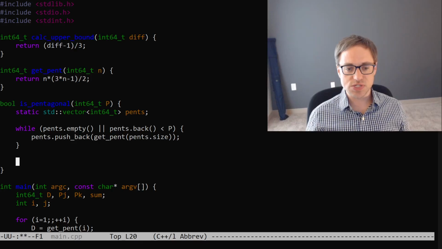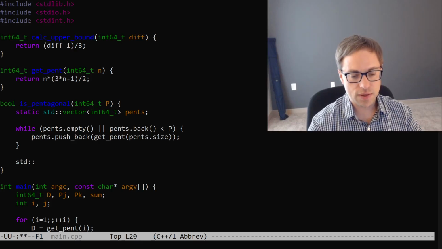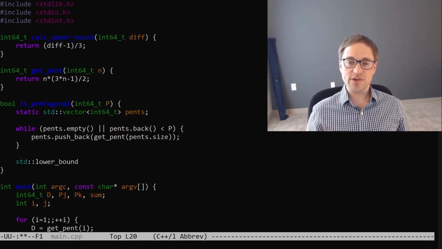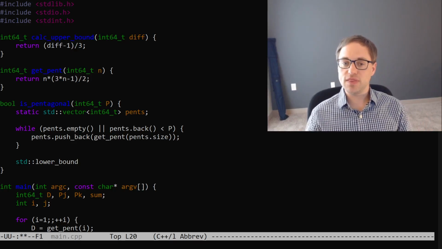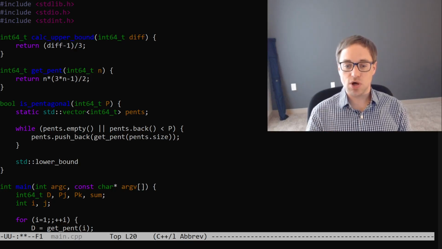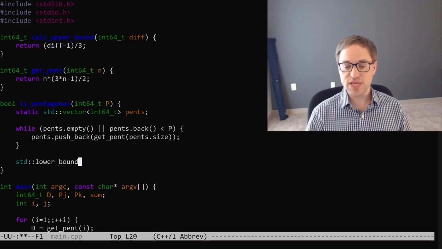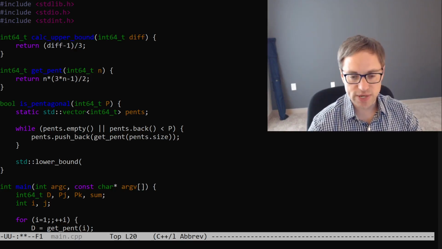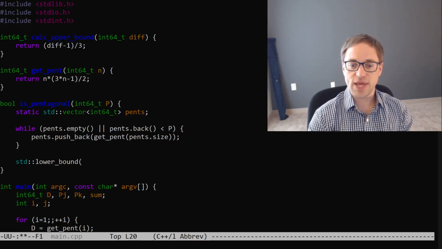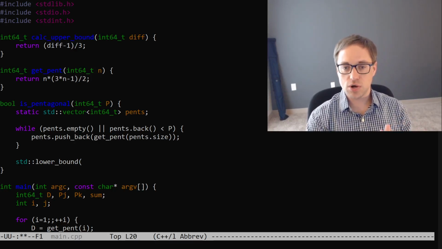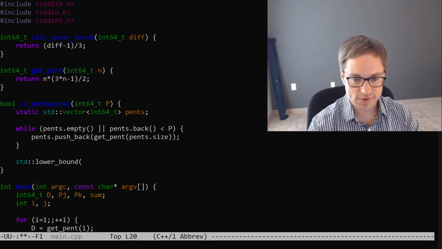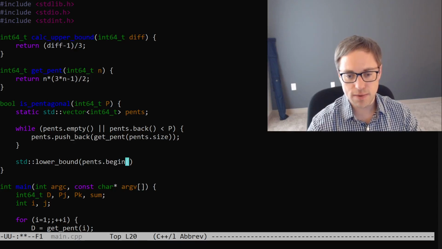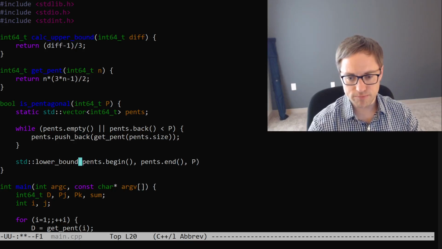And we're going to do this using the method lower_bound, which basically does a binary search to find the first element that is at least as large as the one we're looking for. It could be larger, or it could be that element itself. And we need to give it iterators to the beginning and end of our search range. So we'll say pents.begin, pents.end, and we're looking for p.